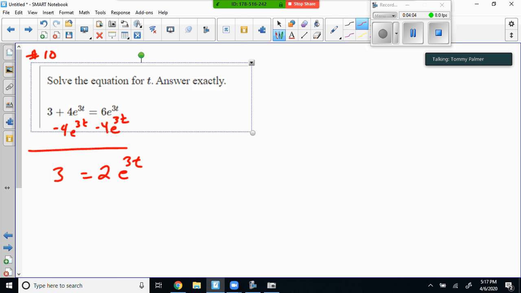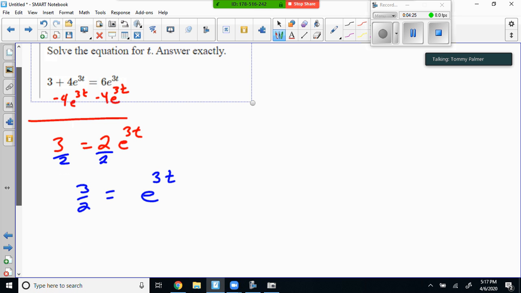Now, in order to get rid of an e, I need to take the natural log of it. But before I do that, I've got to make sure that it's just e over here. So divide by 2, so I get 3/2 equal to e to the 3t.